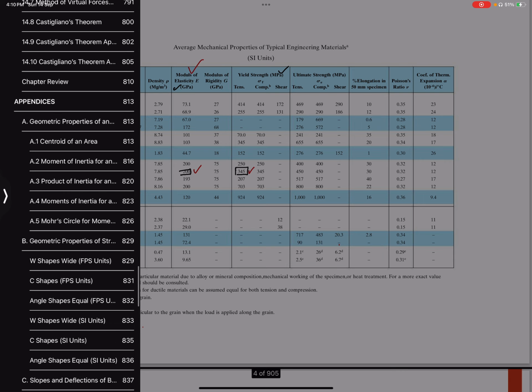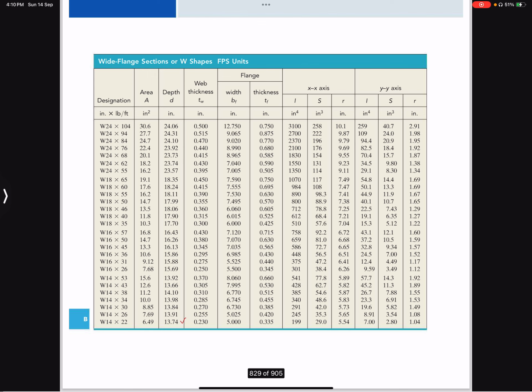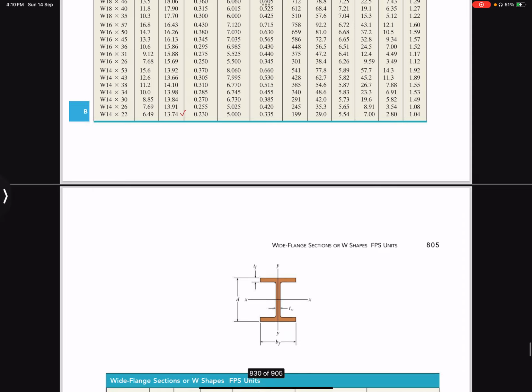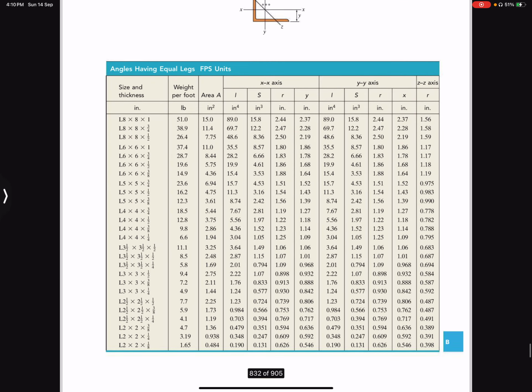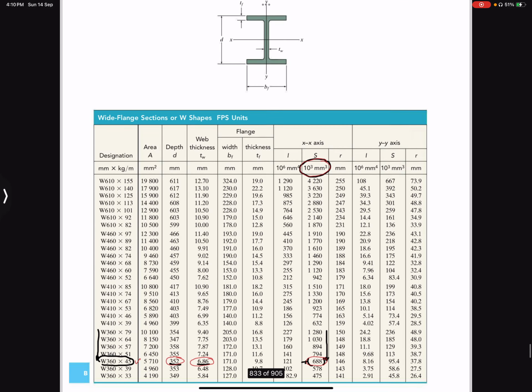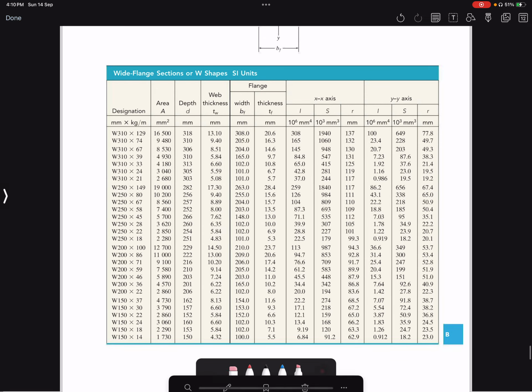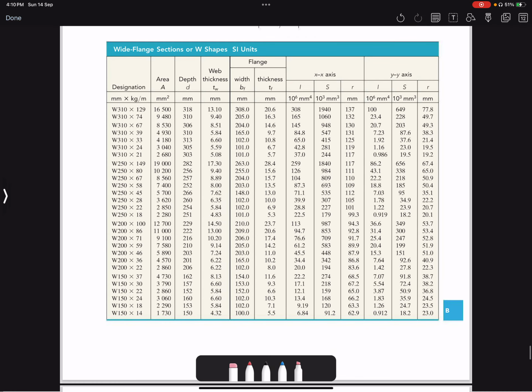You have to go to the geometric properties of steel shapes in SI units. You can see these are in FPS, foot-pound system, so you have to go to the SI units and locate the W200 by 46 column.